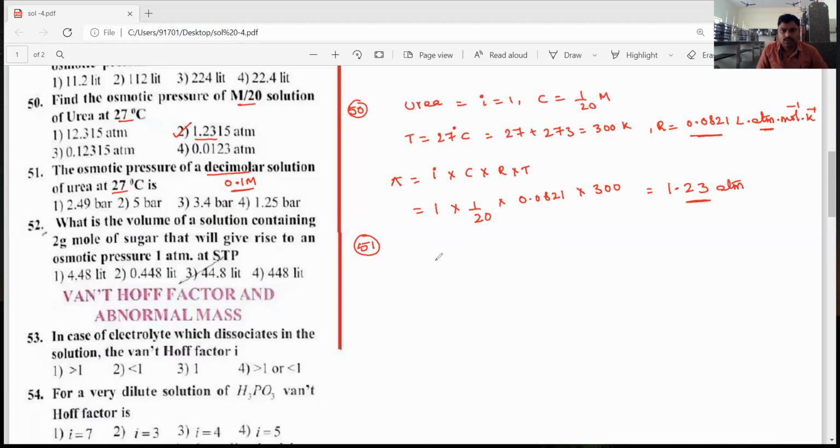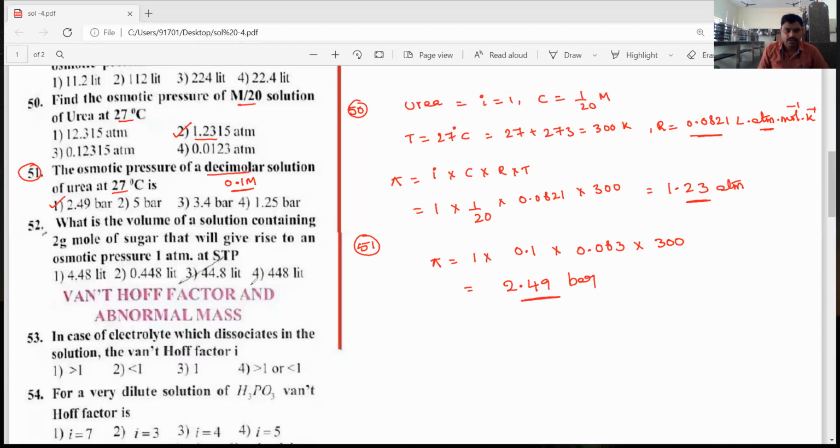The urea i value is 1, so osmotic pressure is equal to i into concentration, 0.1, and R value in bars, 0.083 liter bar per mole Kelvin, and temperature is 27, which means 300 Kelvin. On simplification we'll get 2.49 bars. Okay, dear students, the 51st answer is the first option.